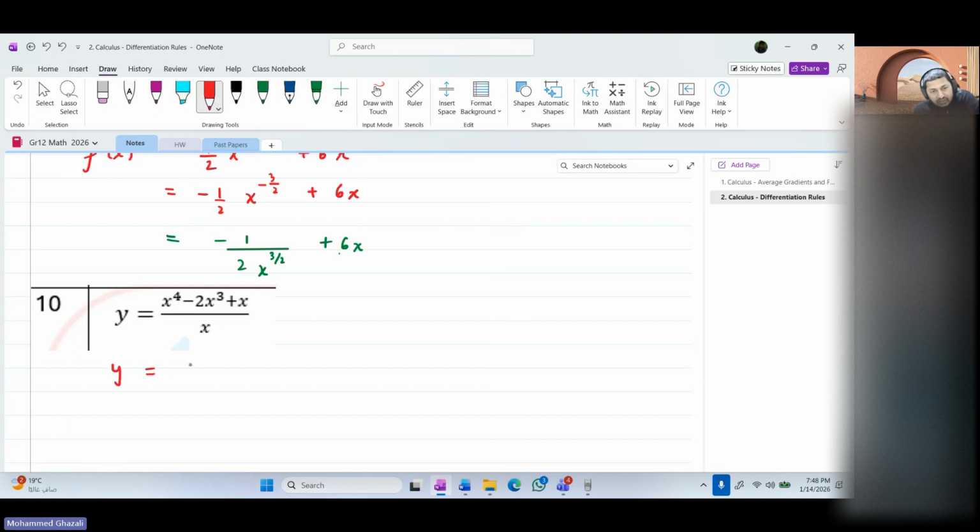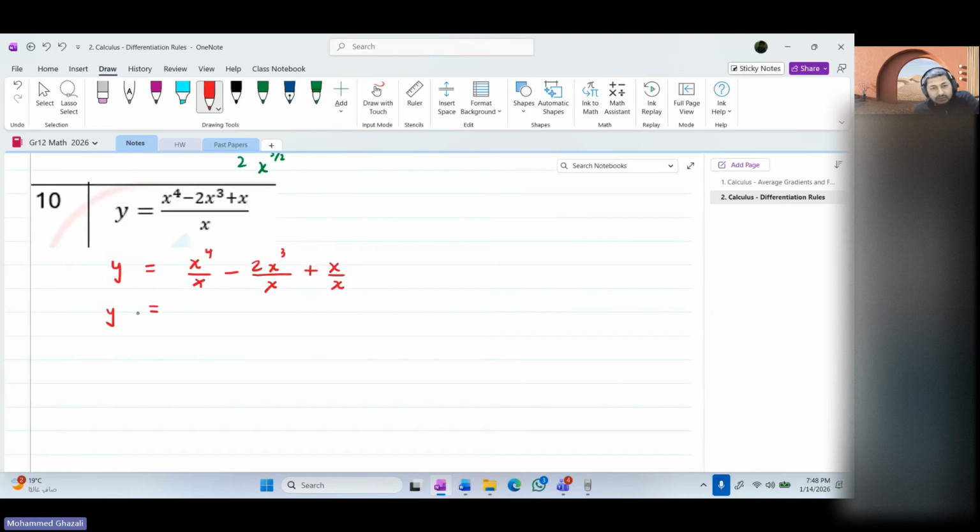So we're going to say y is equal to x to the power 4 over x minus 2x cubed over x plus x over x, correct? Now we carry on simplifying. We say y is equal to x cubed minus 2x squared plus 1.